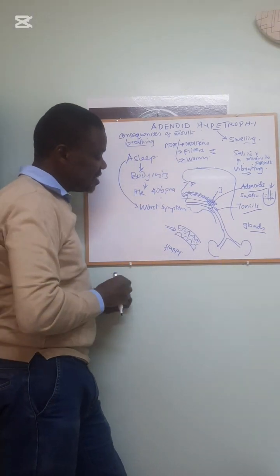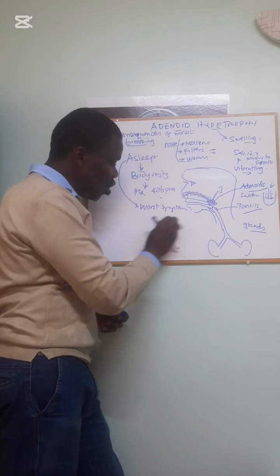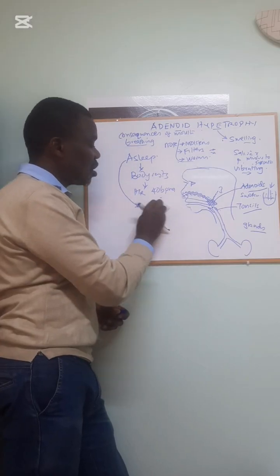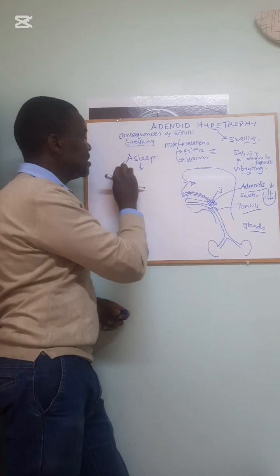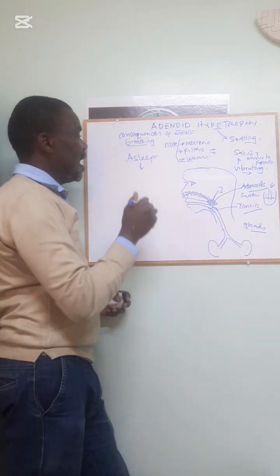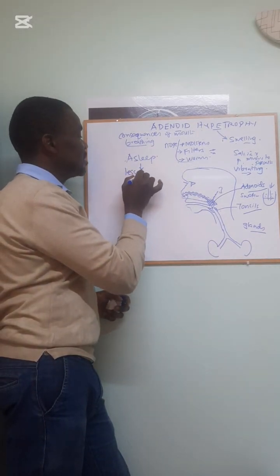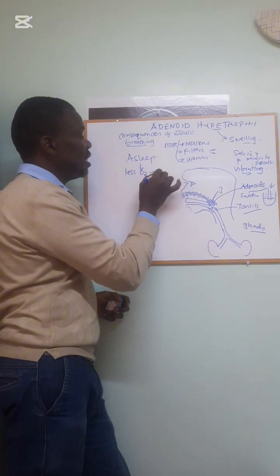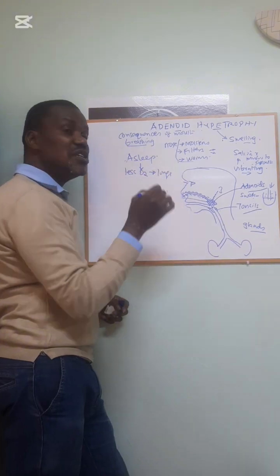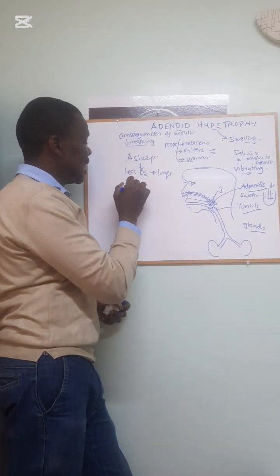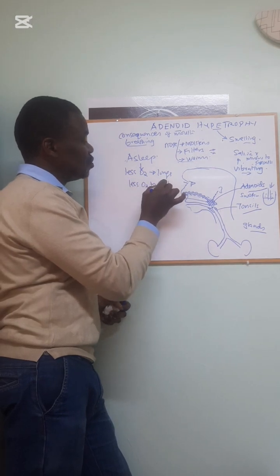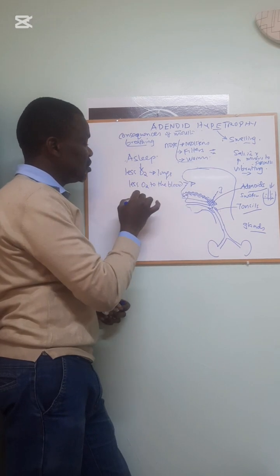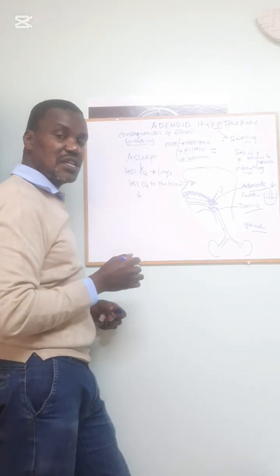Now, when there is impediment to the flow of oxygen, when these children are asleep and there is less oxygen being delivered to the lungs, the body senses that there is less oxygen to the blood, of course. And what happens when you have less oxygen in the blood?